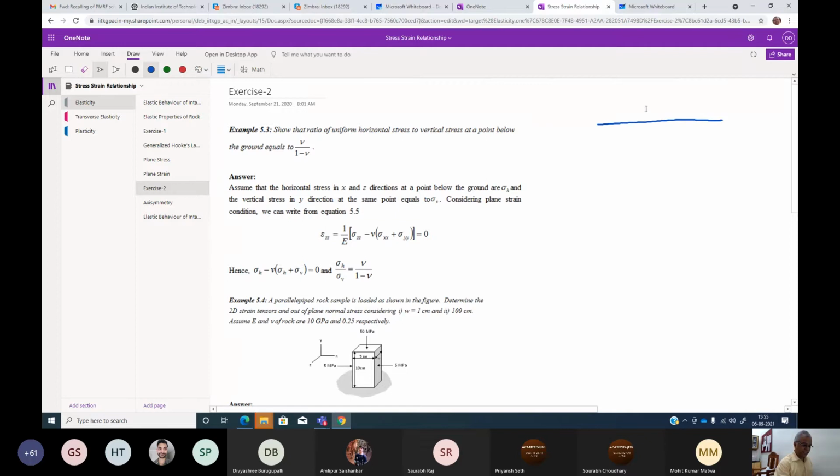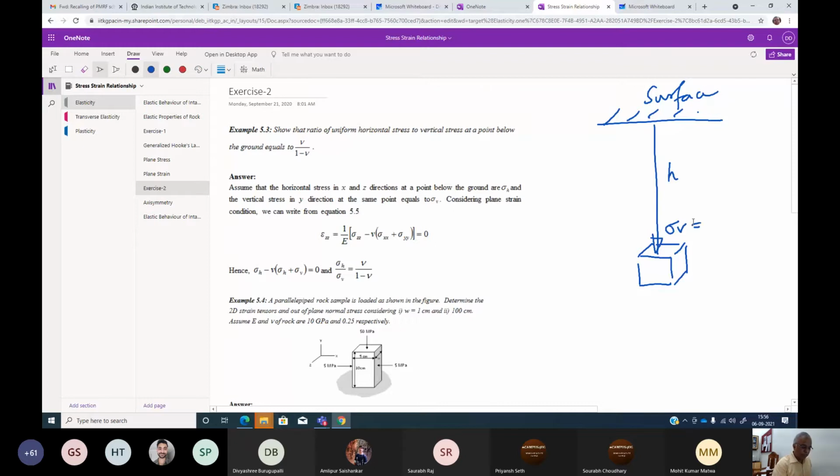Let's say this is the surface, and some distance h below it, there is a vertical stress sigma v.